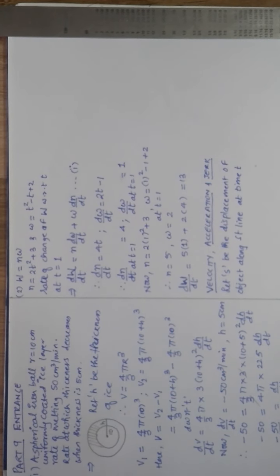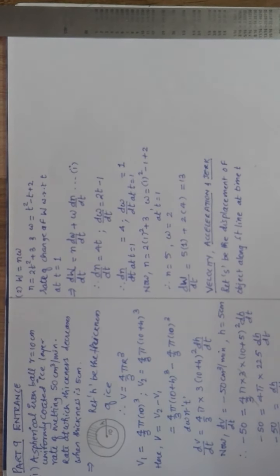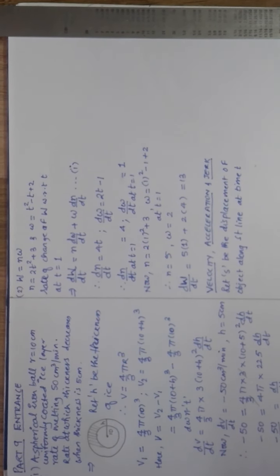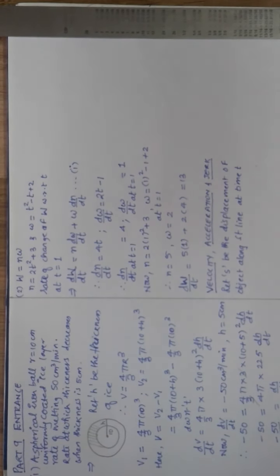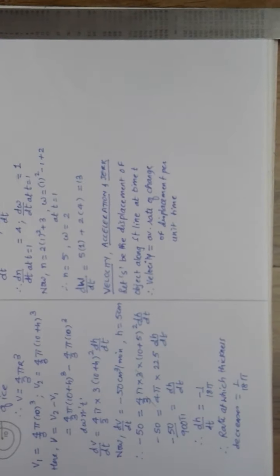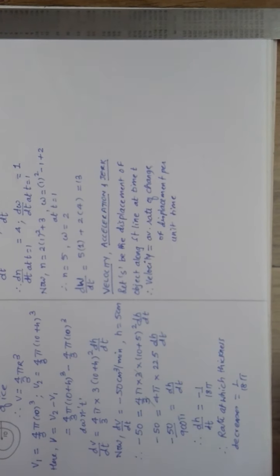Then the average rate of change of displacement with respect to time is nothing but velocity by definition. So your velocity will be equal to the rate of change of displacement with respect to time, or as you say, per unit time. I have written the definition which you generally say in physics: average rate of change of displacement per unit time is your velocity.